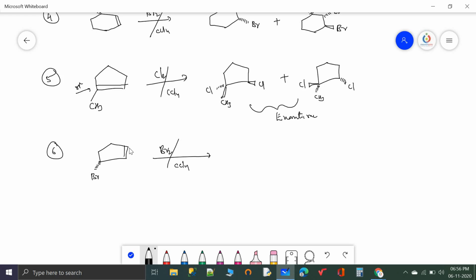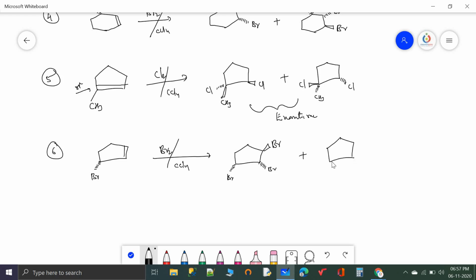So bromine addition again, the basic molecule will not get changed. Here methyl we have changed. Why? Because these chlorines are going to add to the carbon where the methyl is present. But now these bromine atoms are going to add to the carbon atoms where bromine is not present. So there are chances that one bromine at this carbon atom may be below the plane of the ring and this bromine above the plane of the ring.